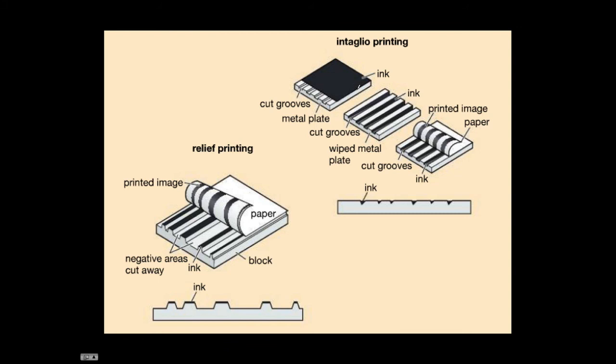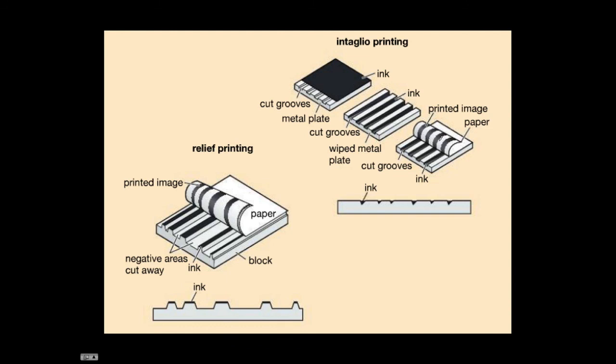Then they cover the whole thing in ink, then they wipe away the top layer. So you can see that the raised areas do not have ink, that there's ink sitting in these V's. Then when they stamp the paper, the ink gets absorbed into the paper. If you want, there's a video that I posted that does a much better job of illustrating how to make an engraving plate than I can.